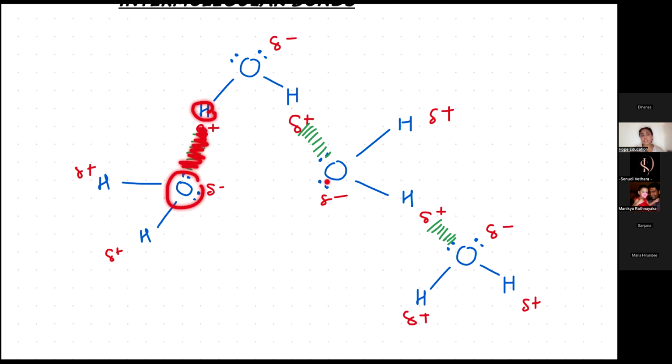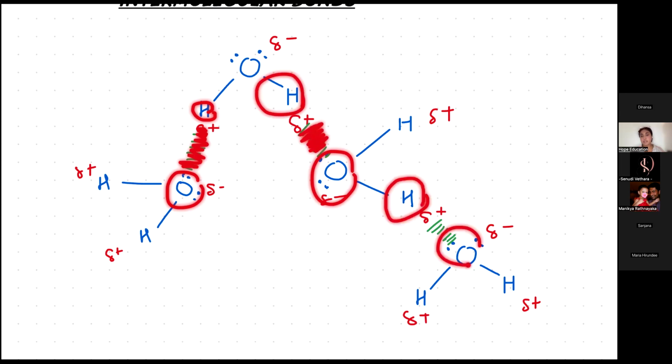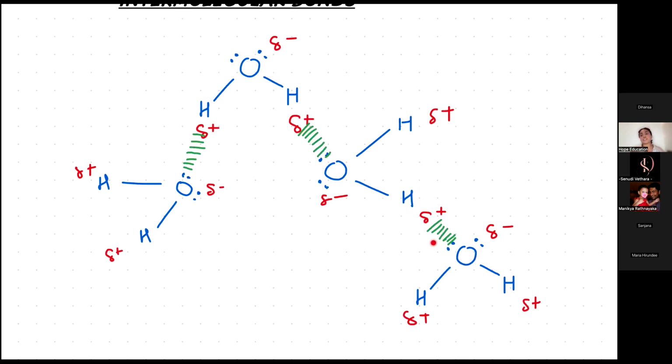Here too, they will form an attraction. These attractions between partial negative and partial positive atoms in a polar molecule are what we call intermolecular bonds or attractions.